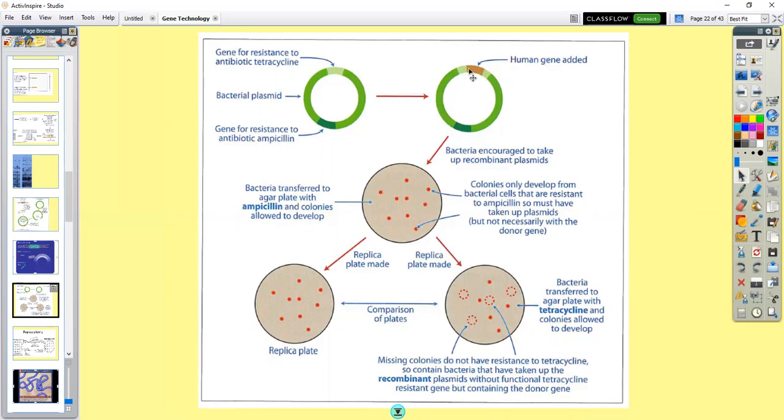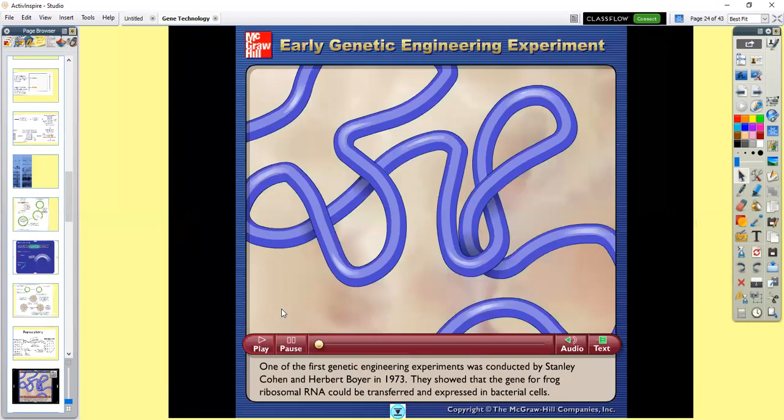So it must contain some human DNA, or DNA that you want to be picked up by the plasmid. So you'd have a look at this one, then that one, and that one and that one. Those are the ones you want. So they contain that recombinant DNA. Okay. And we can see a little bit of that in this next animation.